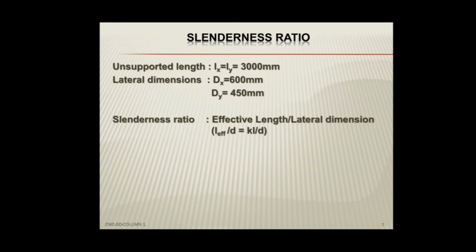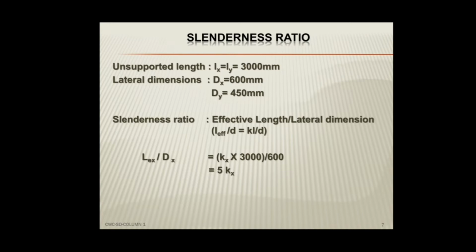We know the slenderness ratio is effective length divided by lateral dimension, where effective length is equal to effective length ratio k into unsupported length. Now substituting the value of unsupported length and lateral dimension, we get Lex by dx equal to kx into 3000 divided by 600, which is equal to 5kx.